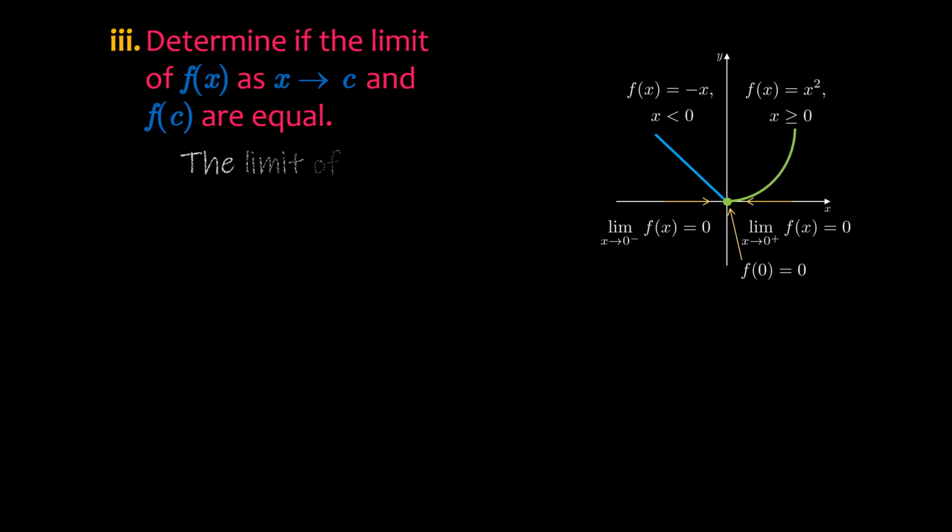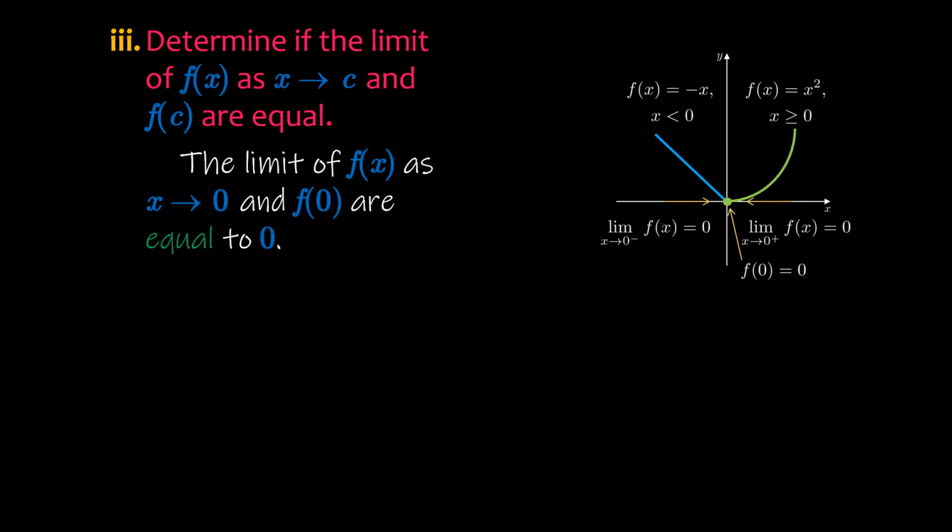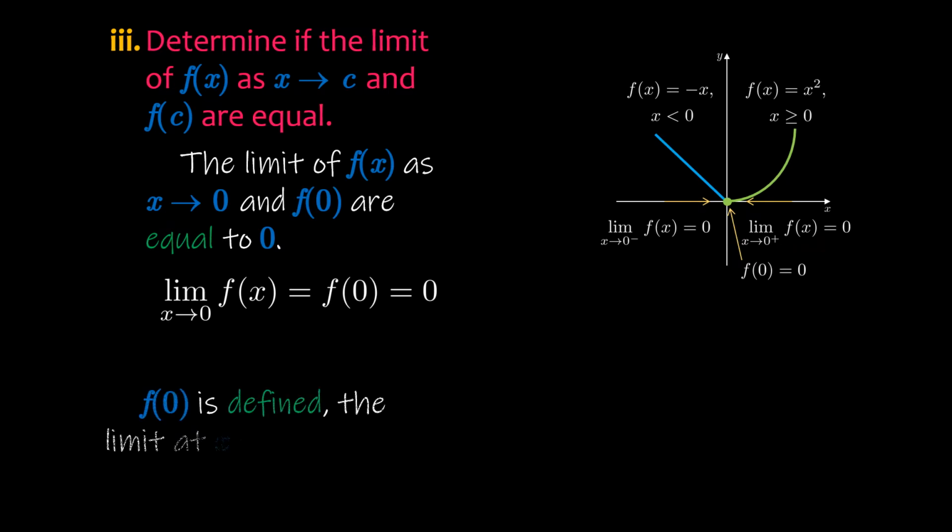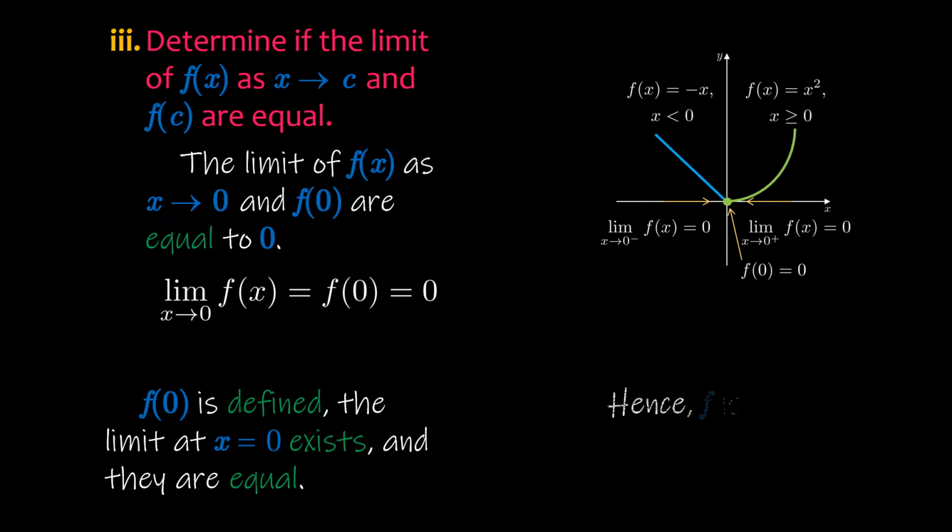The limit of f of x, as x approaches c, and f of 0 are equal to 0. F of 0 is defined. The limit of f of x, as x approaches 0, exists, and they are equal. Hence, f is continuous at x equals 0.